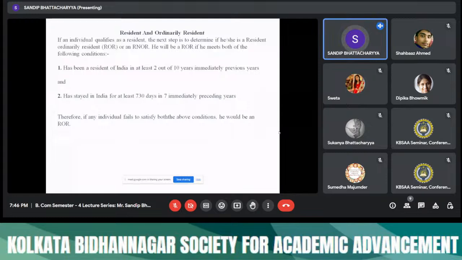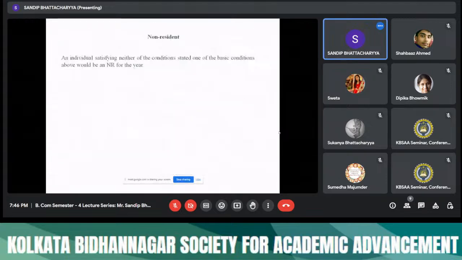So apart from 2022-23, in the last 7 preceding financial years, he should have stayed 730 days. If both conditions are satisfied, then we can say a person is resident and ordinarily resident.